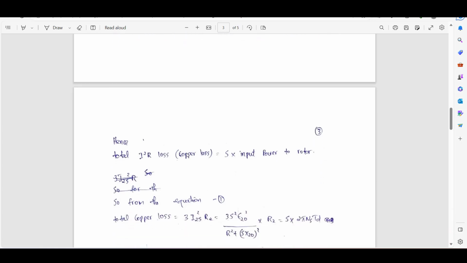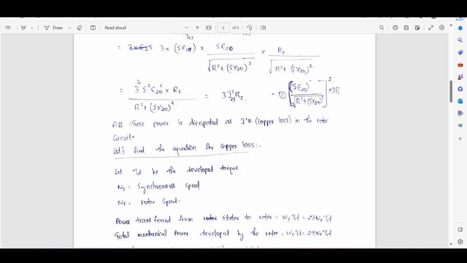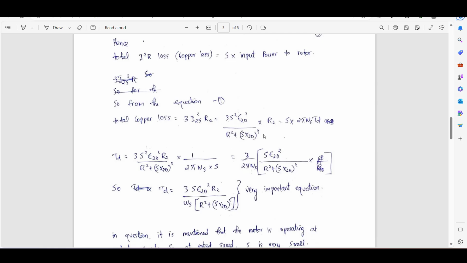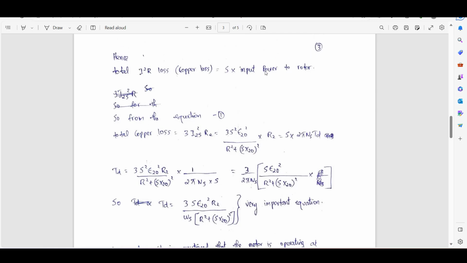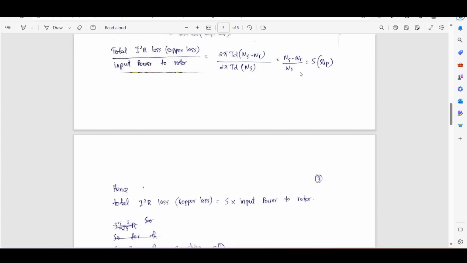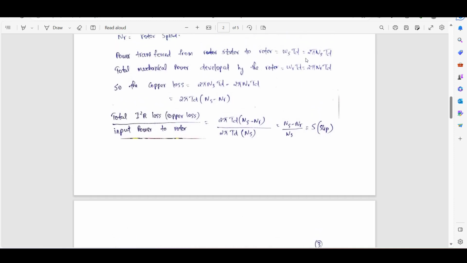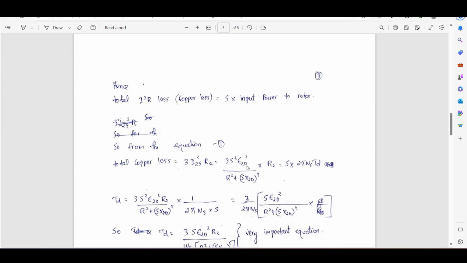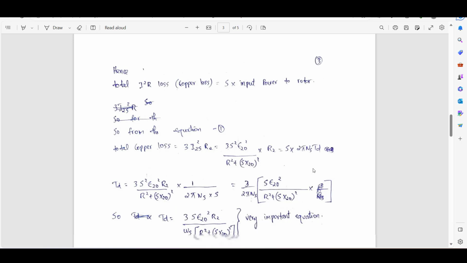Again, this we have developed here: 3s square E20 square into R2 divided by (R square plus Sx20 the whole square). So that we will substitute here. That is equal to S into the input power to the rotor, that is omega s into Td, that is 2 pi ns Td. So the total copper losses is equal to S into 2 pi ns into Td.